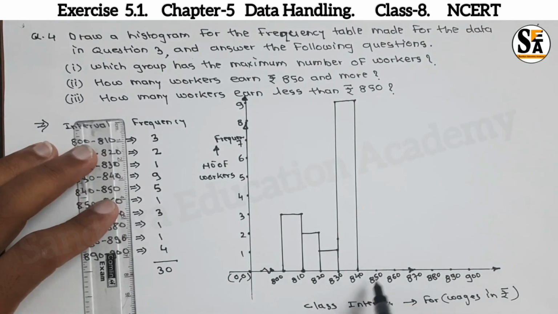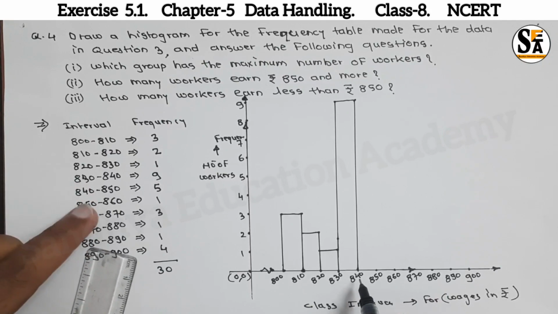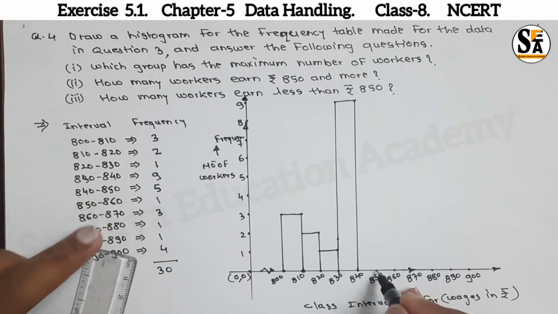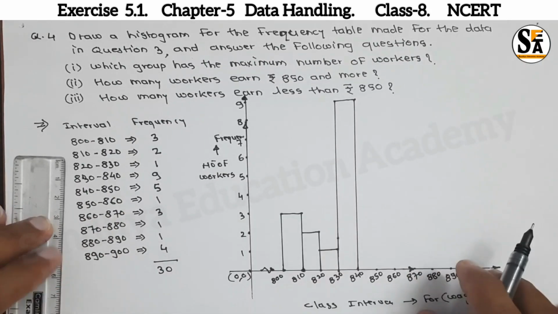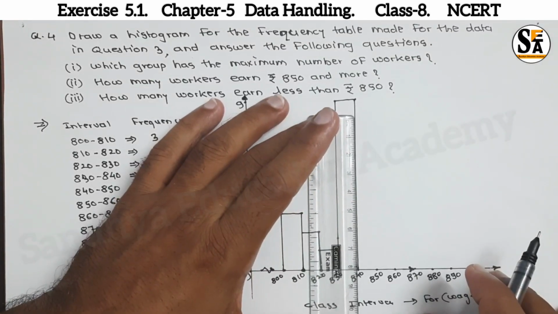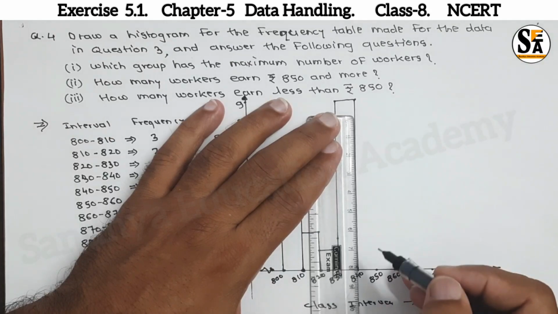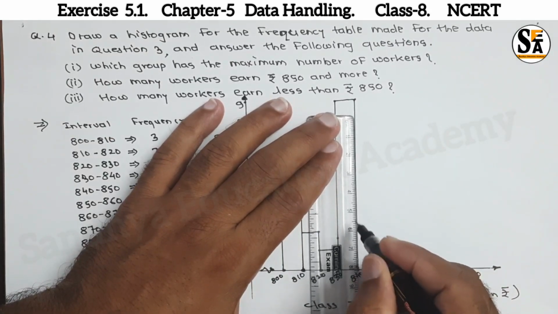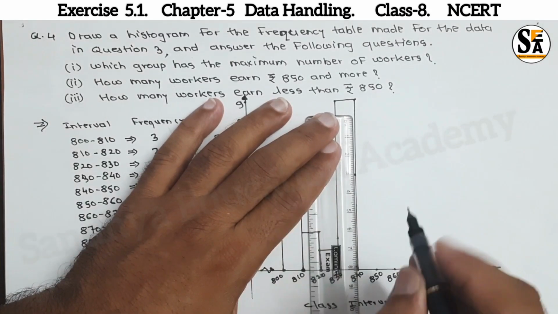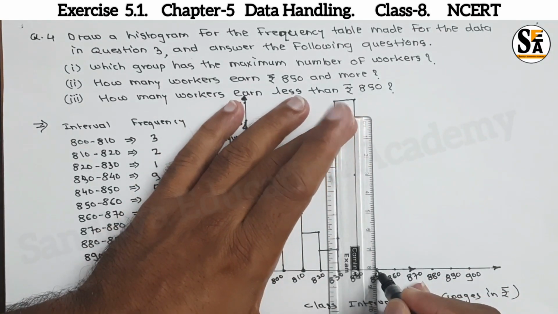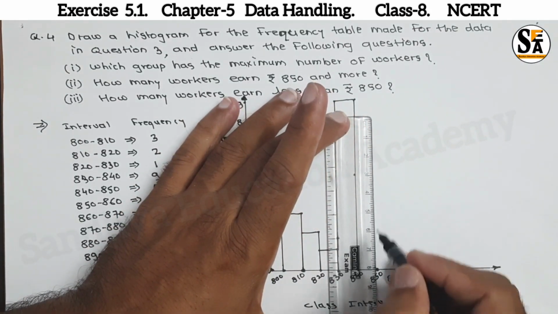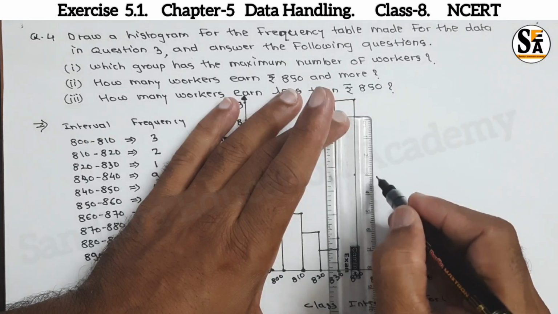Then for the next interval, 840 to 850, 5 workers are there. So make a 5 centimeter marking here: 1, 2, 3, 4, 5, and for this also 1, 2, 3, 4, 5.